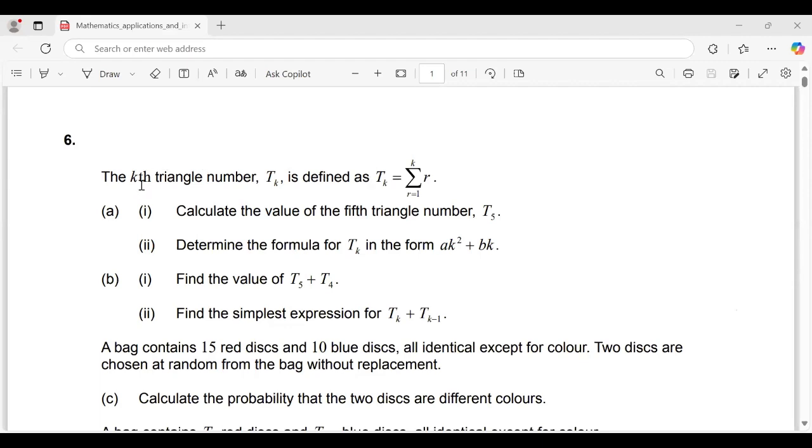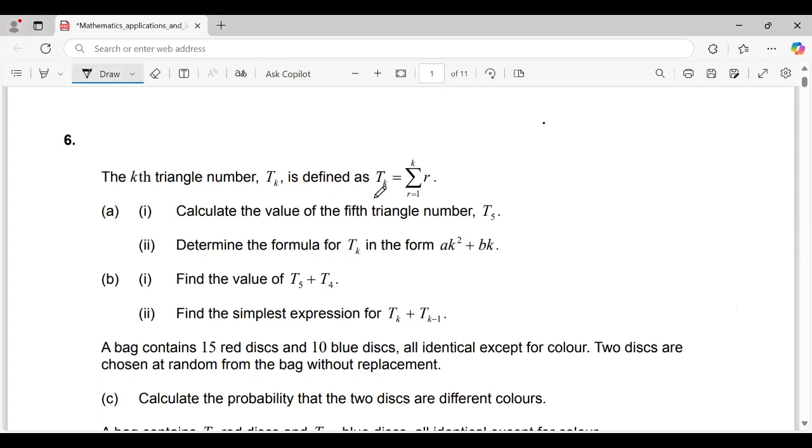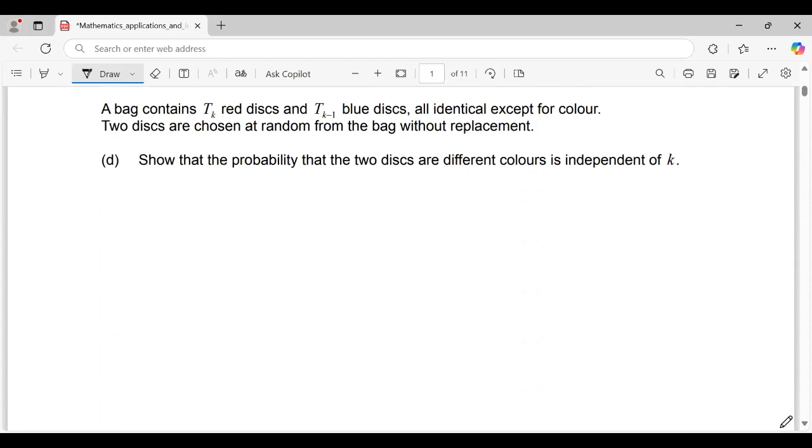Number 6, the k-th triangle number Tk is defined as Tk equals the sigma of r, r equals 1 to k. Calculate the value of the fifth triangle number, T5. Part 1.